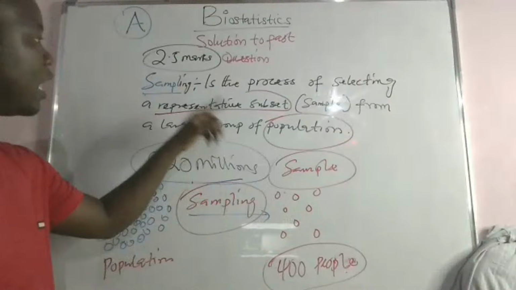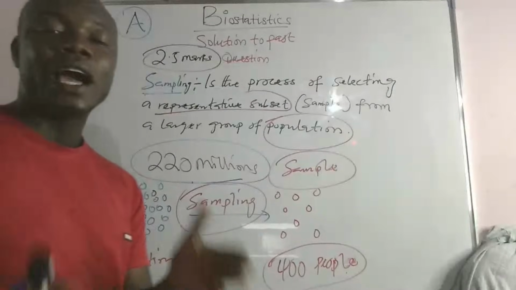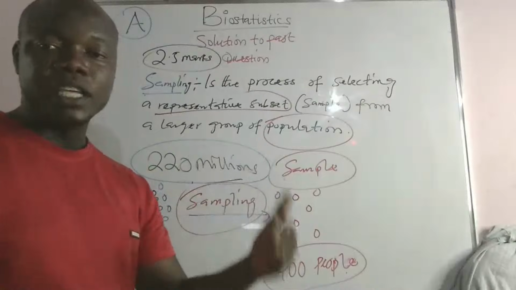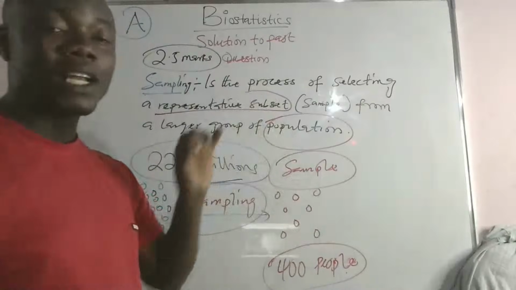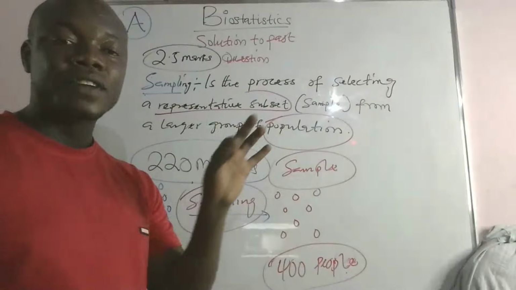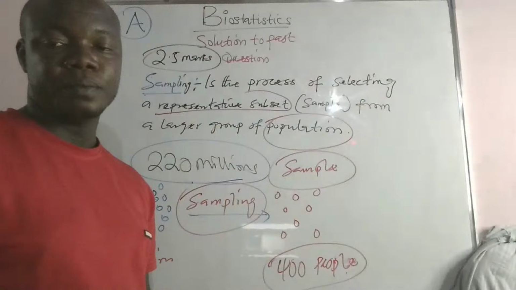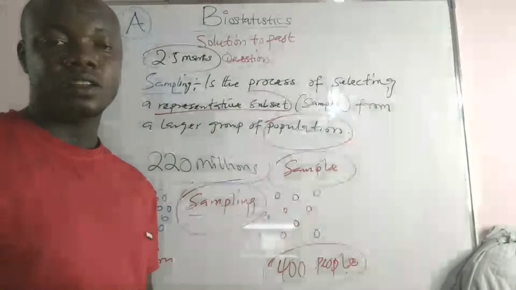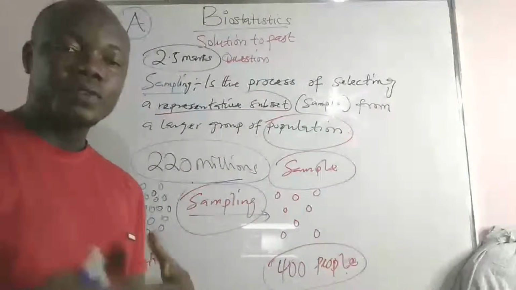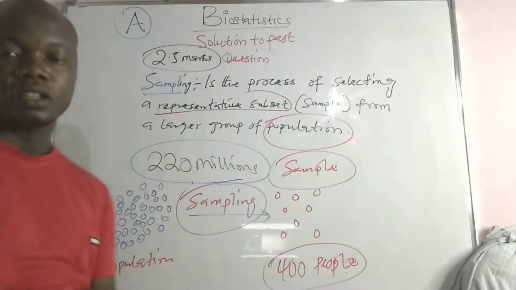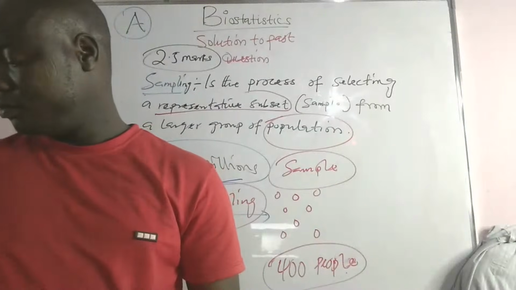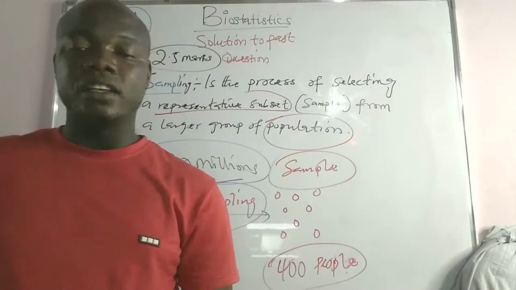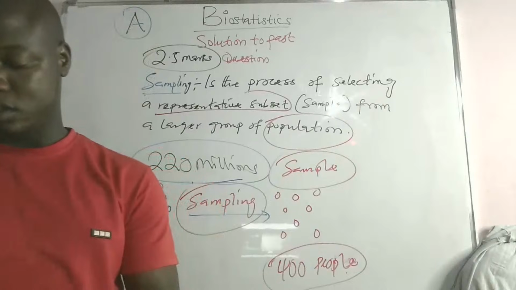So that is the difference between sampling and population. And we have different types of sampling. So please, who can tell me what the different types of sampling are? Yes, I need an answer.